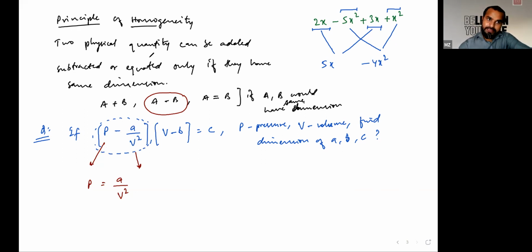As we stated, if two quantities are related by addition, subtraction, or equals, the relation is possible only if they have the same dimension. So as these two terms are related by a negative sign, this whole term and this whole term have the same dimension.